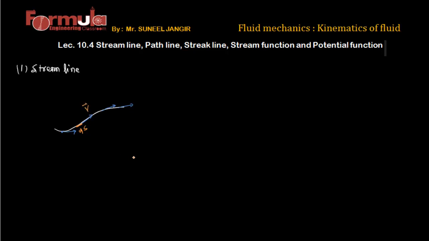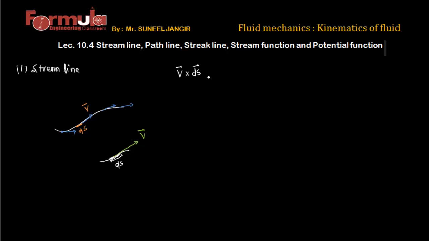So I'm drawing this part again: this is ds, and here is the velocity vector v. Now the definition of streamline can be given like this: the cross product of the velocity vector v cross ds.